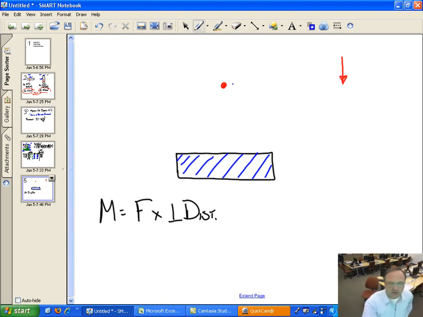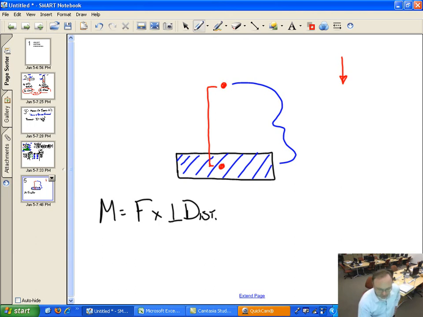To calculate this offset between the local I and the global I, this is my local Y, and this is my global Y. There's a distance there.